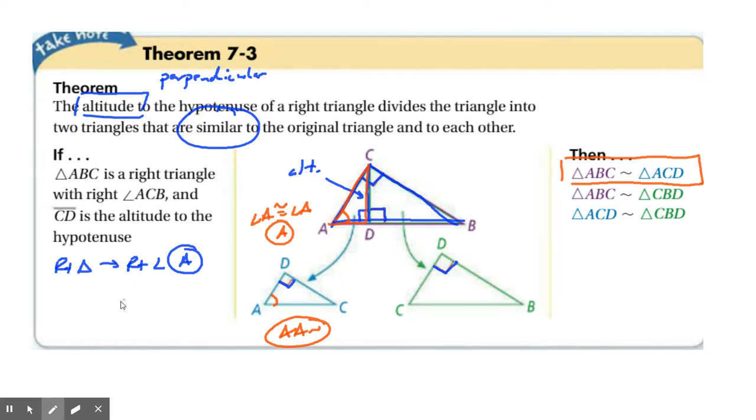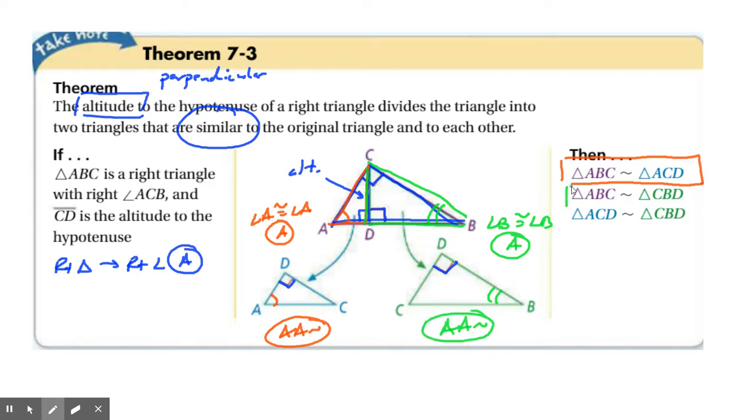There we go. Okay, now let's take a look at the medium-sized triangle. I'll do it in green here. So now this would be triangle BCD. How does it compare to the big triangle? Well, again, they both have a right angle at D, and they both have angle B in them. So angle B is congruent to itself, reflexive property. There's your second pair of angles for the big triangle and the medium triangle, and they are similar by angle-angle similarity.